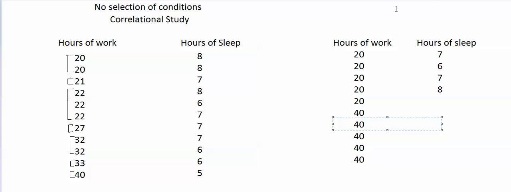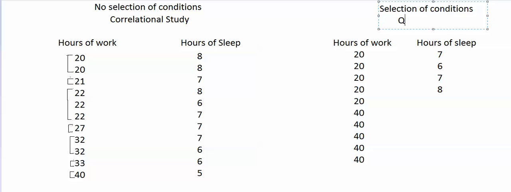But here we did have selection of conditions. So it's actually a quasi-experiment. It's more like an experiment than a correlational study is, because in a correlational study, you don't actually select specific conditions to compare.